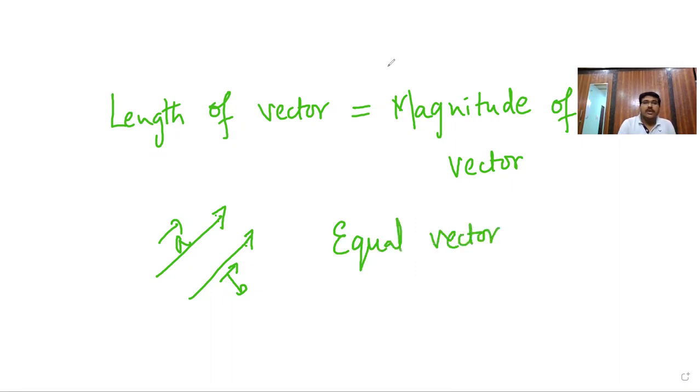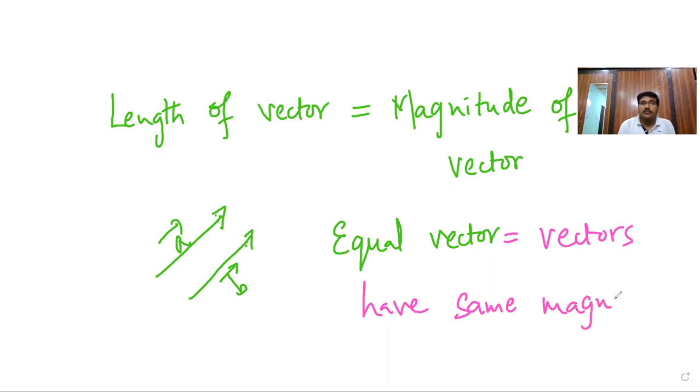Observe. Equal vectors are those which have the same magnitude and the same direction.